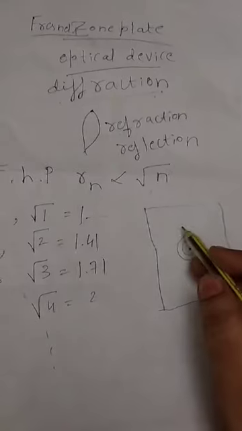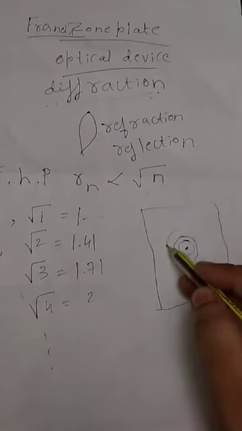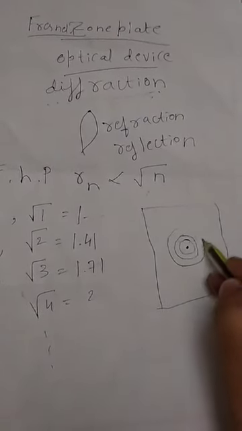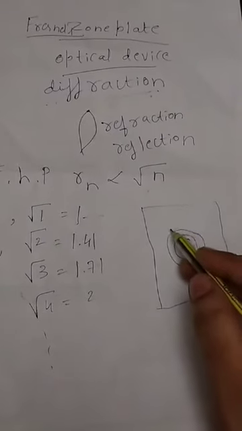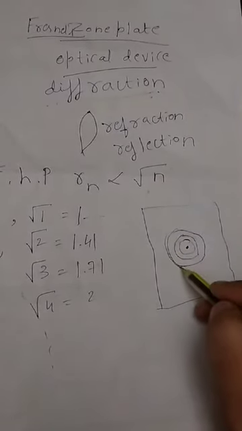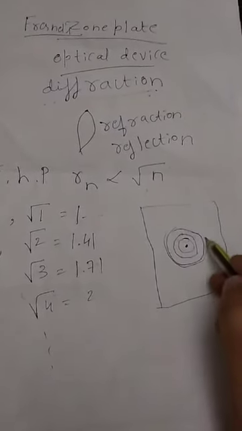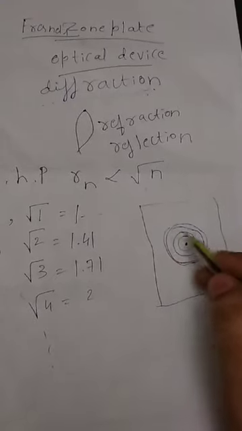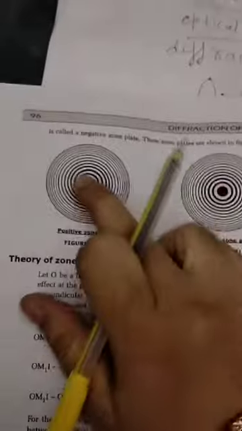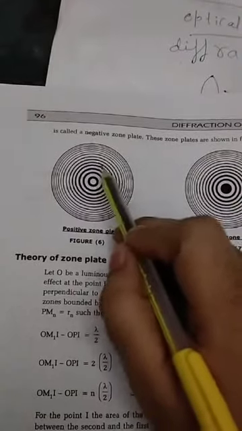Okay, and the third circle will be 1.71 centimeter, correct? And the next will be 2 centimeters. See, if you go on like this, the distance between the zones keeps decreasing if you construct like this.